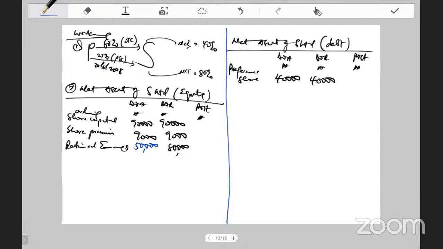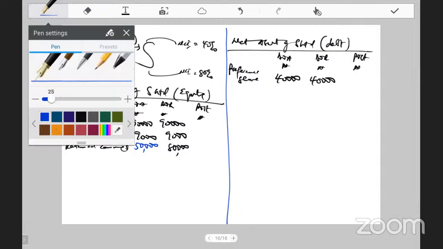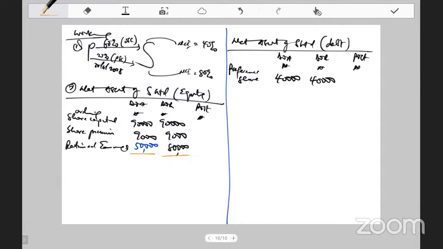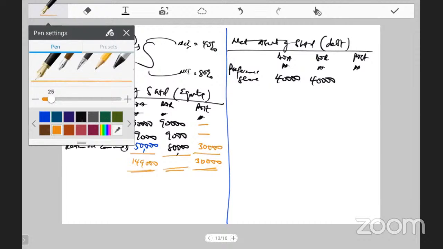Okay. If you look at this, all the information in the preamble is what we have considered. There is no additional information. So I now need to get all my figures right in their places. This is 0, this is 0, this is 30,000. So this gives me 30,000. How much is this? 50 plus 90 plus 9,000 gives 179,000.